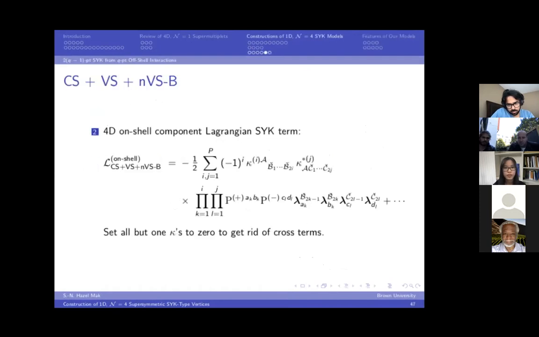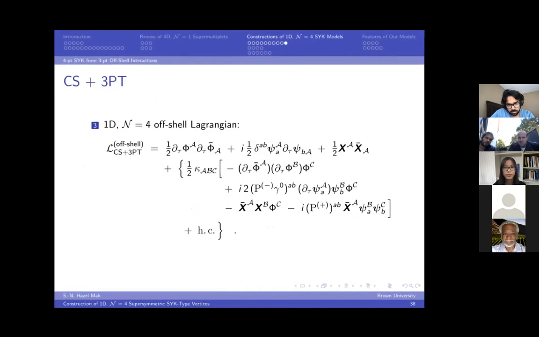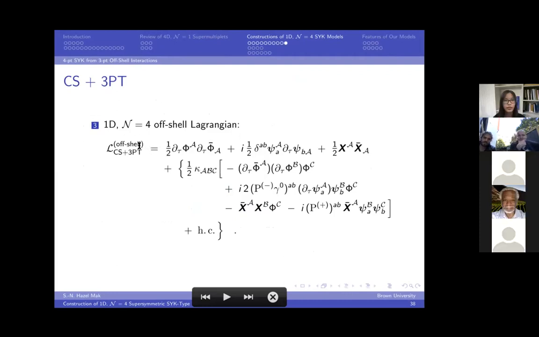Oh, so let's go to one of these. What is the dimension of this coupling constant? If we just do a simple dimension analysis, this is 1 because we are in 1D, and this is 1, so the psi is 0.